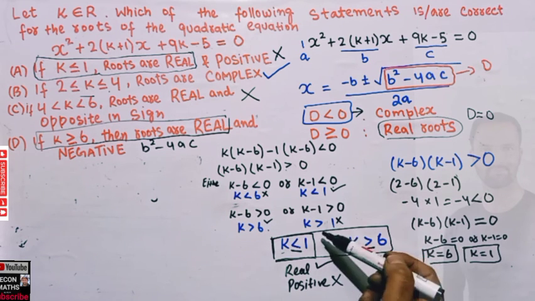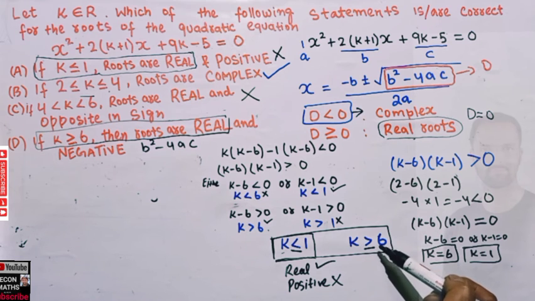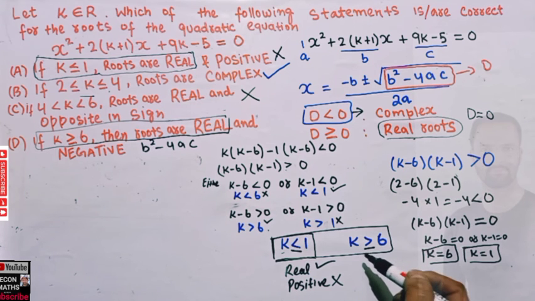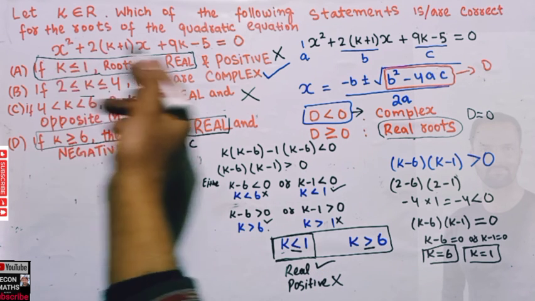When k is greater than or equal to 6, roots are real. Now to check whether they are negative or positive, just plug any number which is greater than or equal to 6 in this equation to get the answer. So for that, let's take k equal to 6 and put it here.